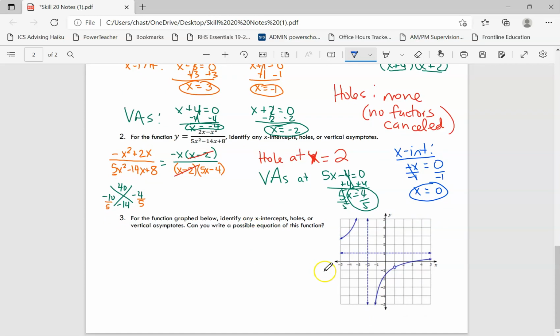All right, last one here, I'm giving you a function that's graphed, and we are supposed to determine the x-intercepts, the holes, and the vertical asymptote so that we can write a possible equation. Okay, so x-intercept occurs at x equals 3, which implies that the factor is x minus 3.